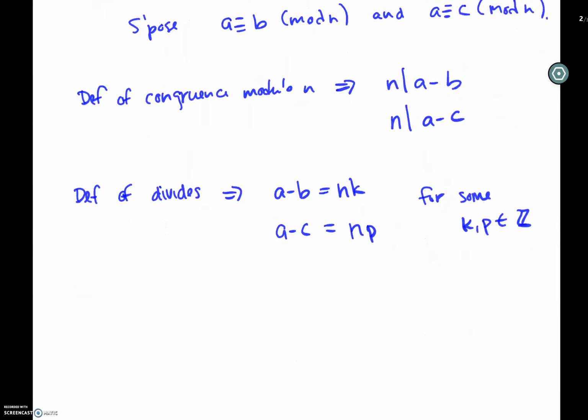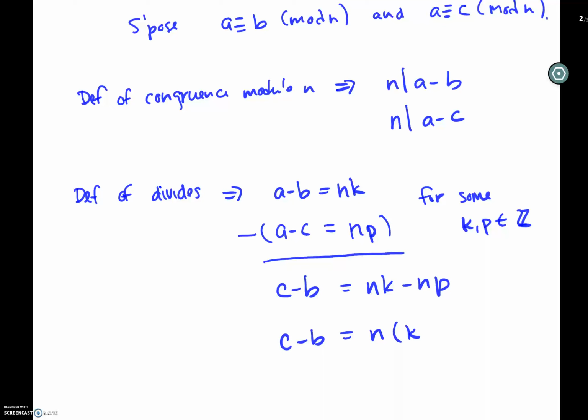Now, looking at these two equations, if I were to subtract the second from the first, I get that c minus b has to be equal to nk minus np, which in turn tells me that c minus b is equal to n times k minus p. k minus p, we know, has to be an integer.